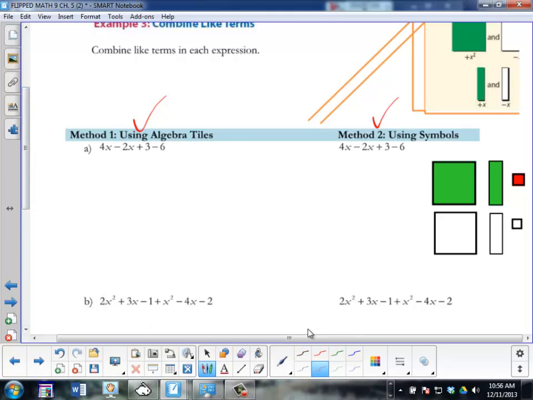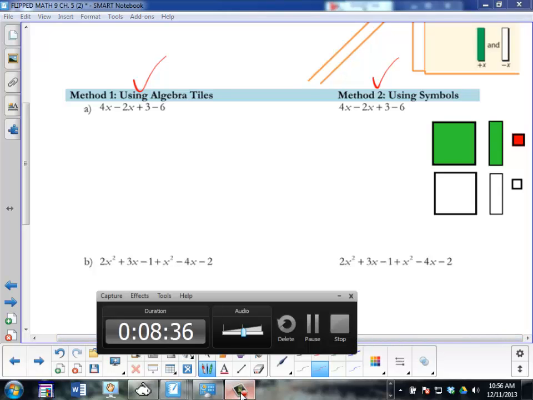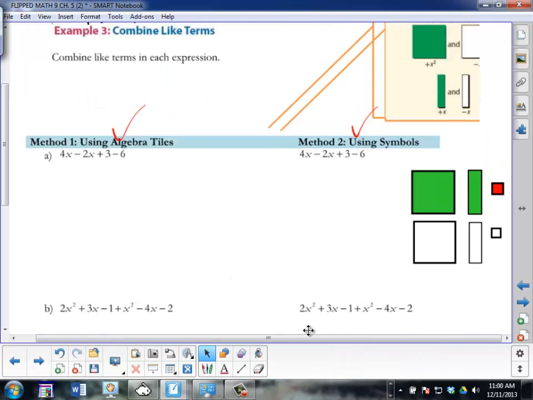So let's do A, and now remember how we use our algebra tiles? Quickly, from the last exercise that we did, from 5.1, remember we had our special tiles. Let's quickly recap.